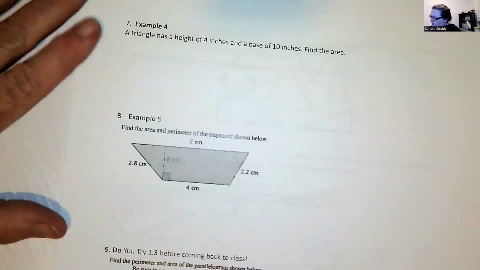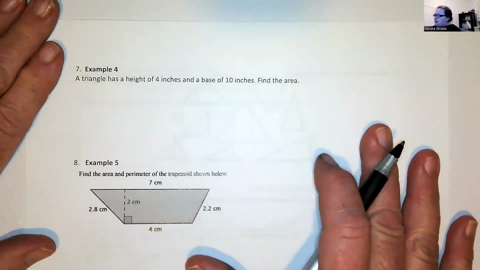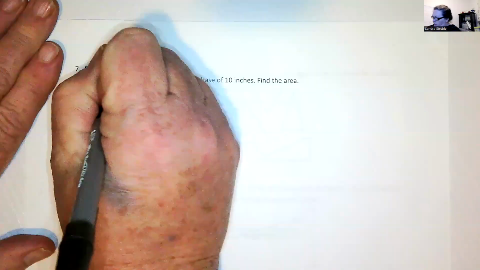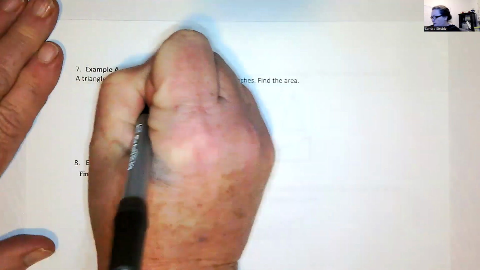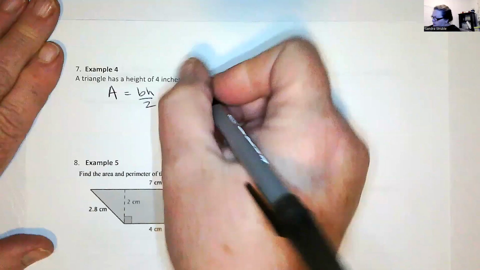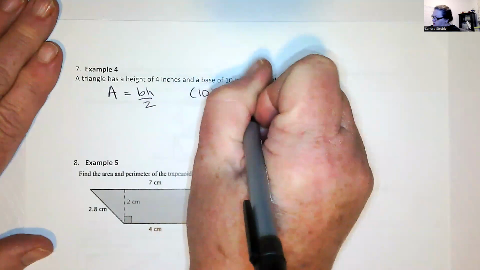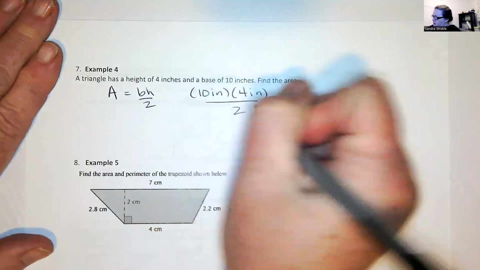All right, let's go to example 4. A triangle has a height of 4 inches and a base of 10 inches. Find the area. Well, the area for a triangle is base times height divided by 2. They're saying the base is 10 inches and the height is 4 inches, divided by 2.